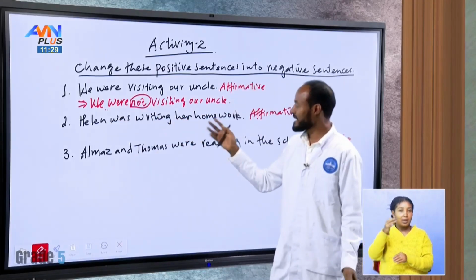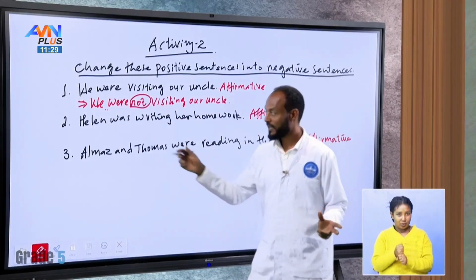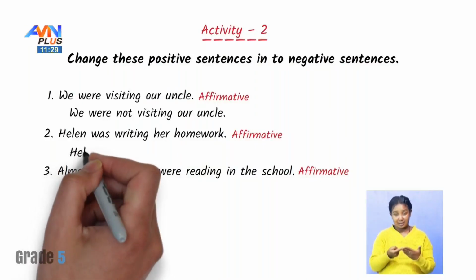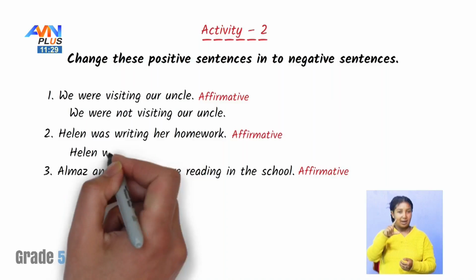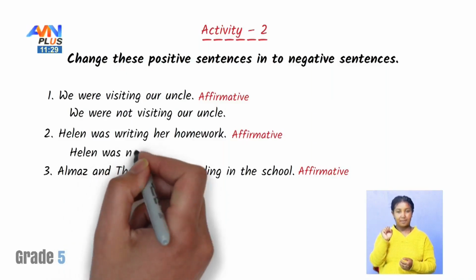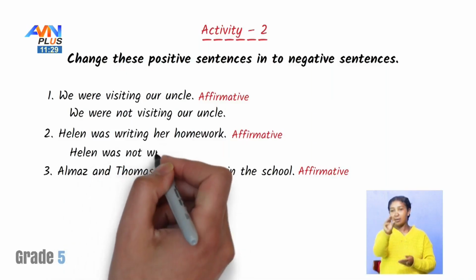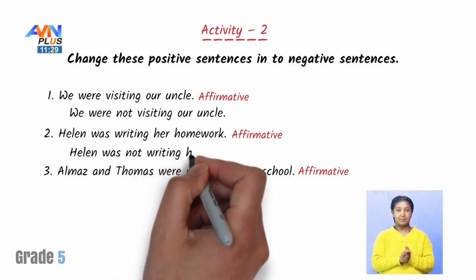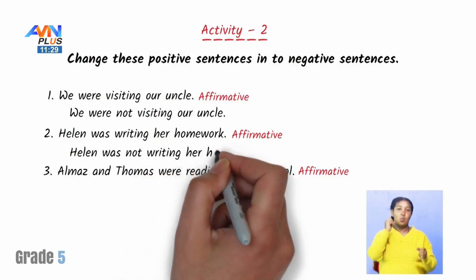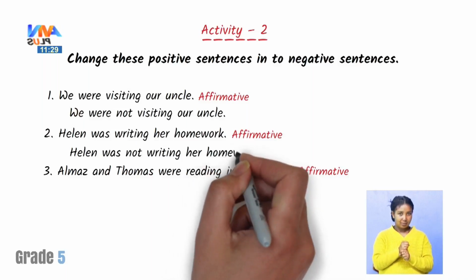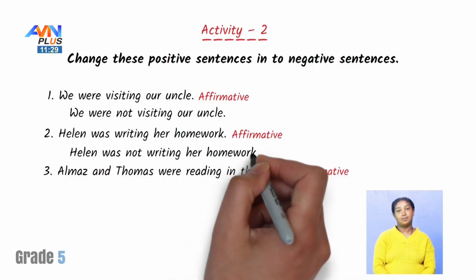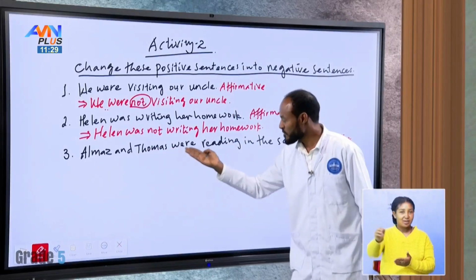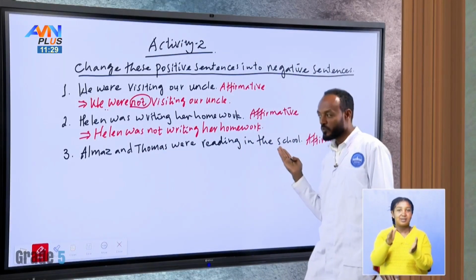Helen was writing her homework. Here we can say, Helen, yes, was. Helen was not writing her homework. Am I right? Good. So, Almaz and Thomas were reading in the school.